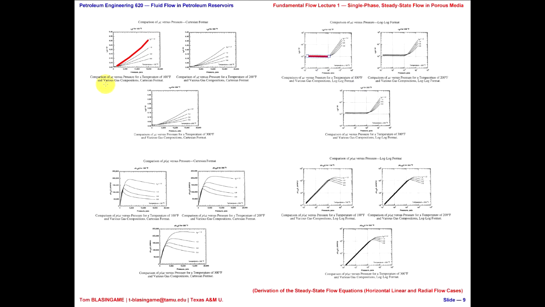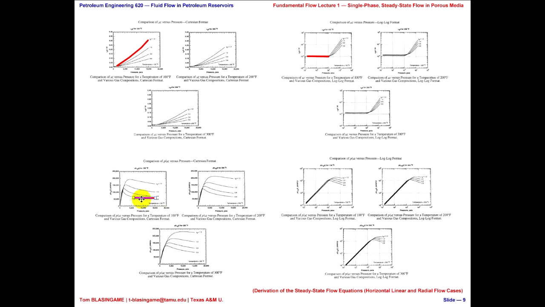Now, since we played this game, this is the product mu Cg, and this is pressure. In other words, this is the viscosity multiplied by the compressibility. Is this constant? Sorta. Not really. Sorta. No. Okay, so I can't fool you.